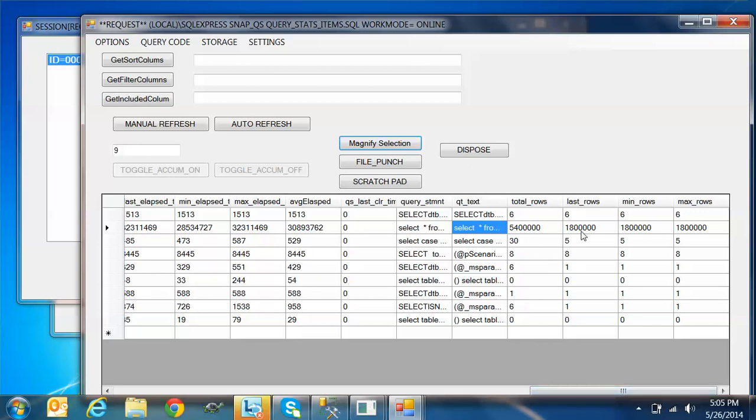But the biggest concern right now is, since this query is timing out and the rows are very high, we can make an assumption that we're hitting asynchronous network I/O, meaning that the network buffers are filling up and the client cannot process all the results that are coming back to it. And during that transmission of data, the client is timing out.